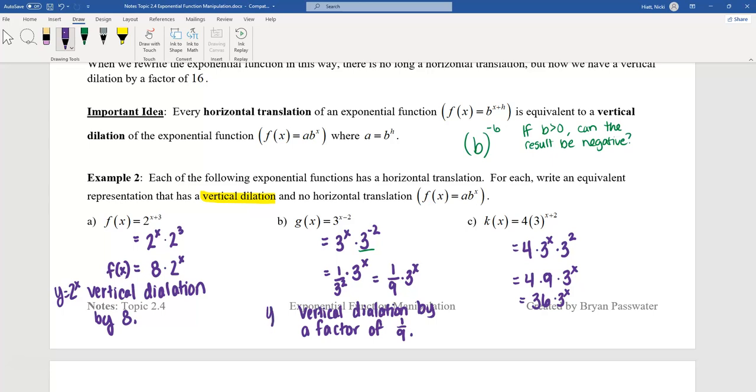And here, this is y equals 3 to the x. So if we're just doing y equals 3 to the x, that is a vertical dilation by a factor of 36.